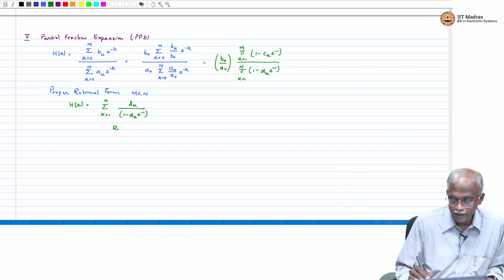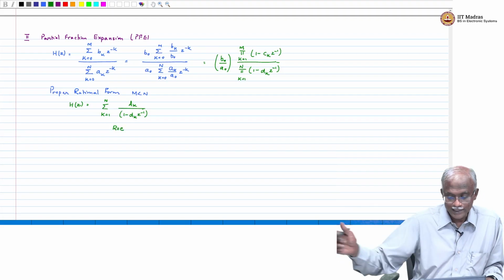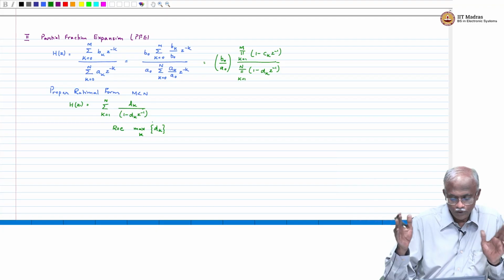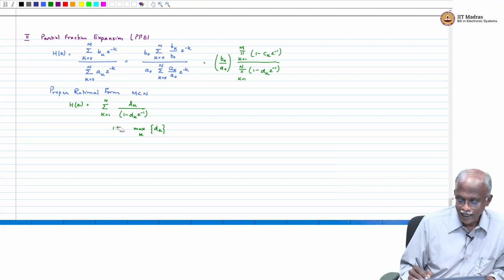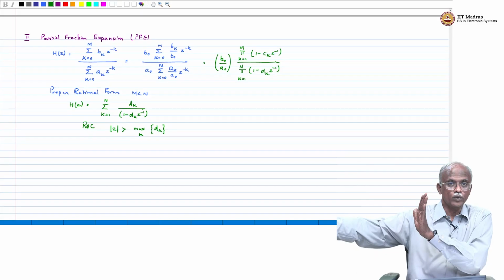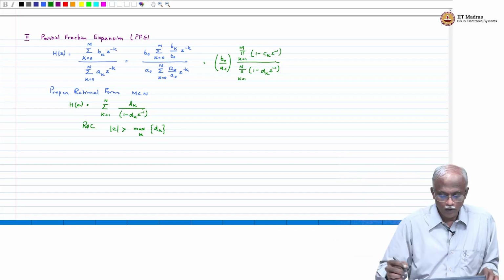You can look at it. If you want a right-sided sequence, what will it be? Max over k of dk. Okay, so that will become your reference point, and the ROC will be mod z greater than the maximum. So basically whatever is the rightmost pole, you take it outside of that.